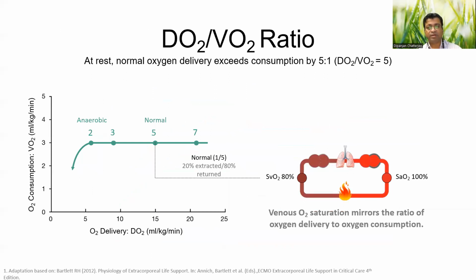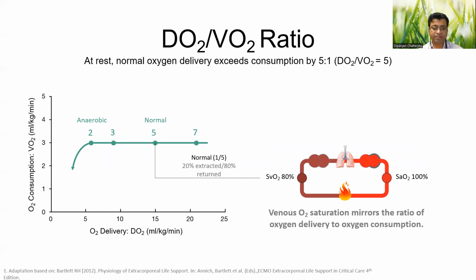Usually, our tissue oxygen requirement is met by our oxygen delivery because it is almost 5 times our tissue oxygen requirement.